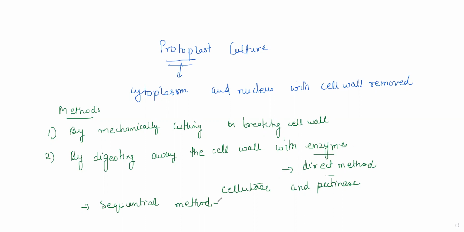The cells are first isolated from the callus or a tissue by using pectinase, and to this cell suspension the cellulase is added. Then we use the cellulase to digest the cell wall and release the protoplast.